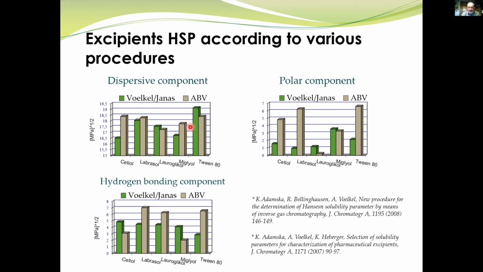In this case of the ABV method procedure, there is no need to select test solutes, no place for error. And all these results were published in Journal of Chromatography with Rainer Bellinghausen and other colleagues.